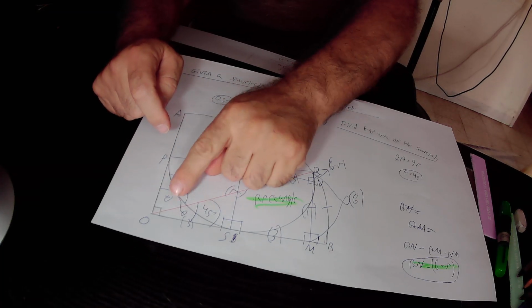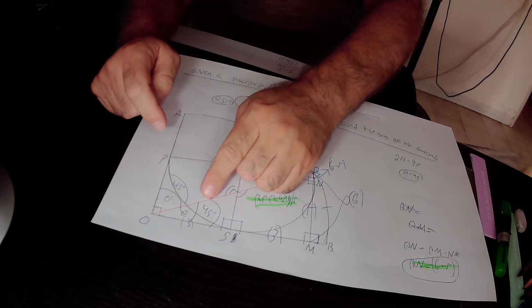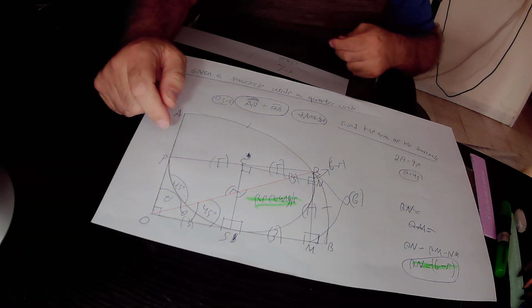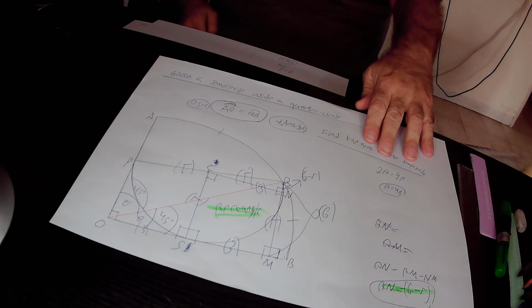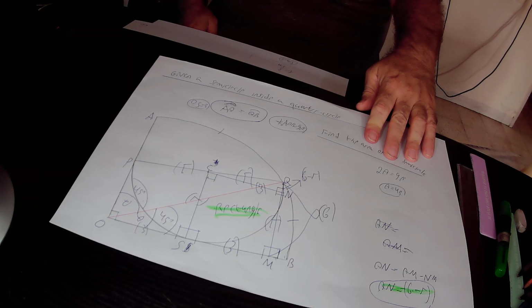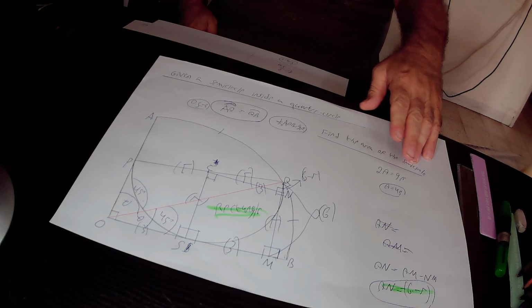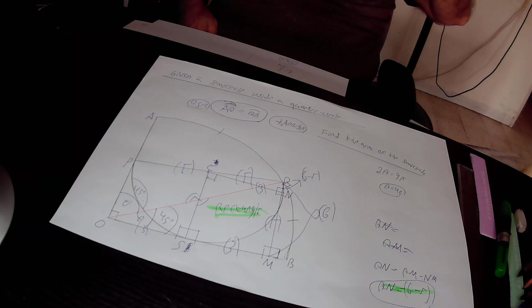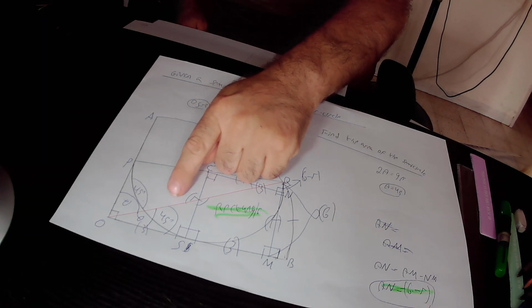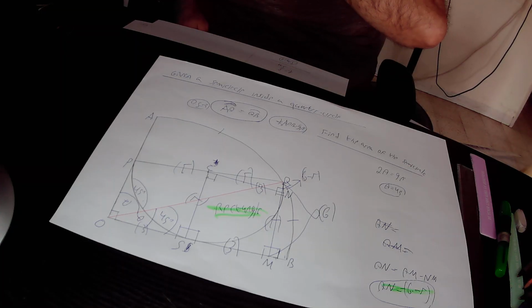Theta plus theta is 90 degrees, because this is a right angle. Theta plus theta is 2 theta, that is 90 degrees. We divide this equation by 2, and we find that theta equals 90 degrees over 2, that is 45 degrees. So this angle equals 45 degrees, and this angle also equals 45 degrees in size.